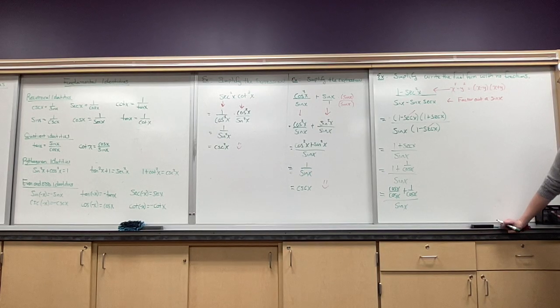Cosine x squared, maybe. That's what happens when you make up your own problems. Sometimes they don't work the way you want. Yeah, because that's not going to eliminate it either. This might be one that what I created doesn't work to where you could do that. It might just be what I have there.